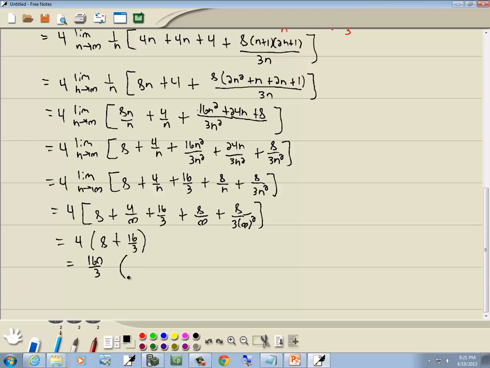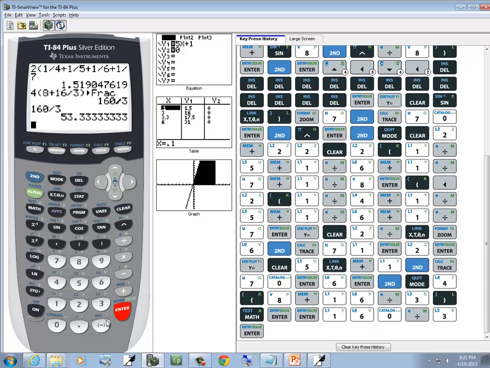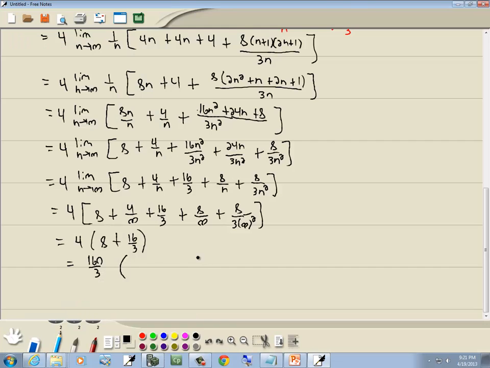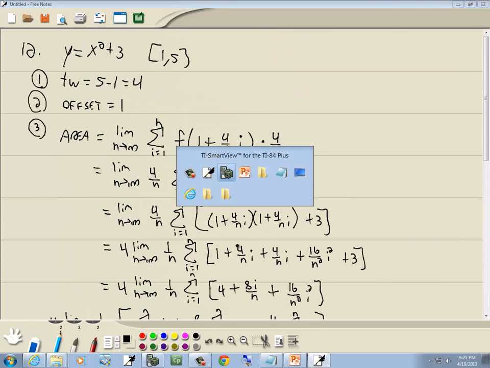Now let's see what that is approximation-wise. So 160 divided by 3 is 53.333, whatever. Time to check to see if I made a math error. It's almost guaranteed I'll make a math error in one of these. These I'm not that great at doing without screwing up in some way.